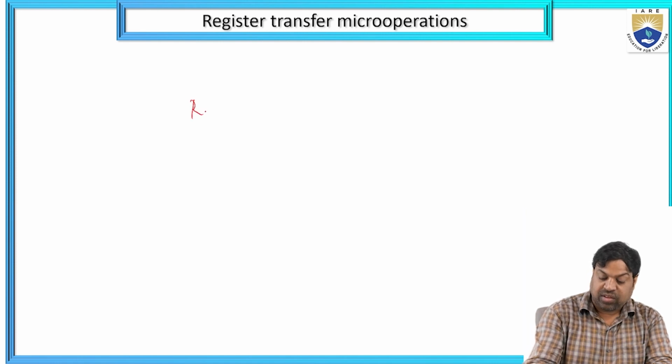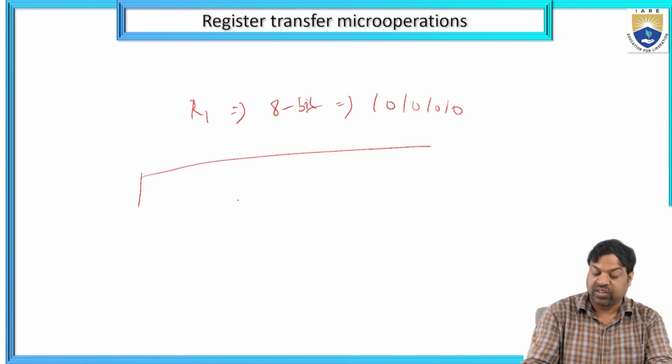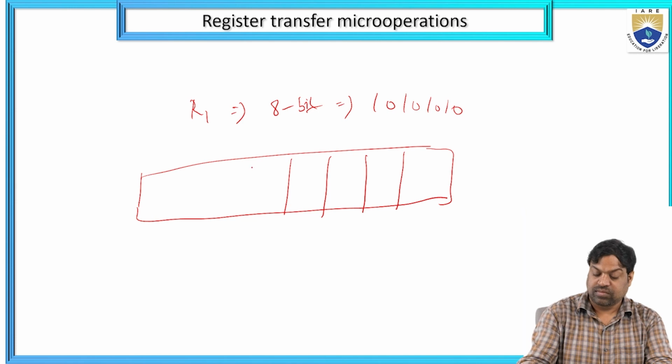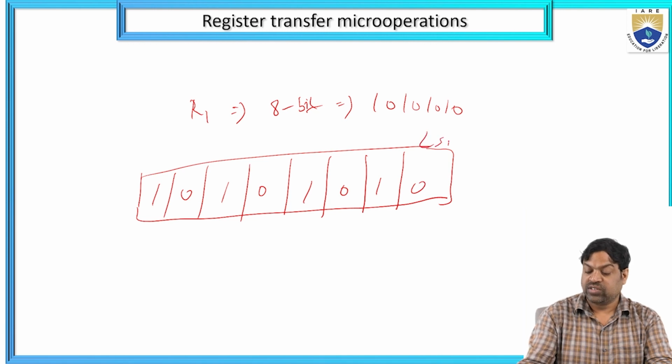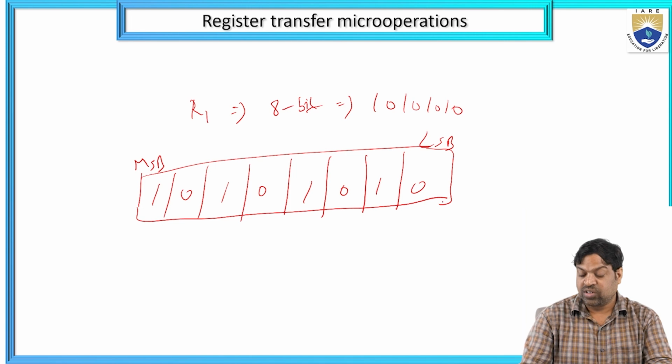So when I take R1, it is 8 bits, for example 1010 1010. How can we define these registers? This is the LSB and this is the MSB, the least significant bit and the most significant bit.